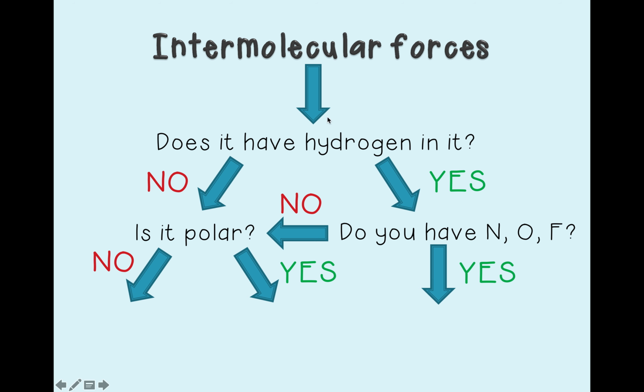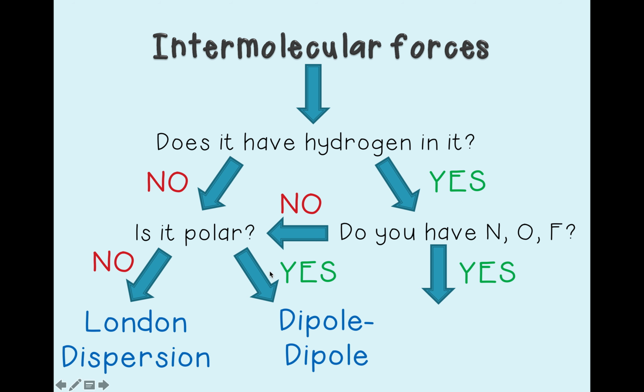So if you don't have hydrogen and you're not polar, then you are a London dispersion force. If you do have hydrogen, or you don't, but you're polar, then you're a dipole-dipole. And if you do have hydrogen and you have nitrogen, oxygen, or fluorine, then you are going to be a hydrogen bond.